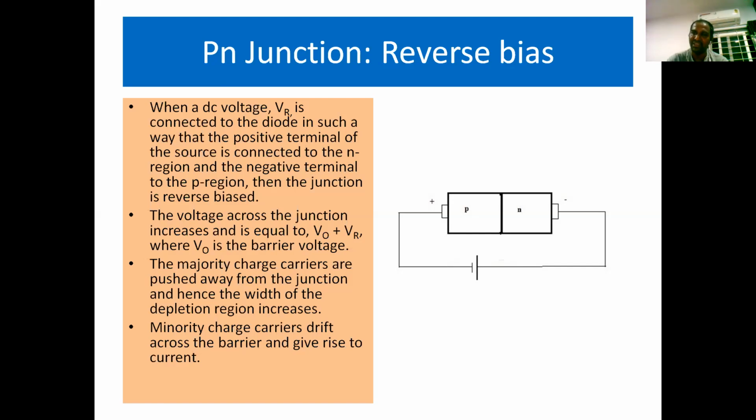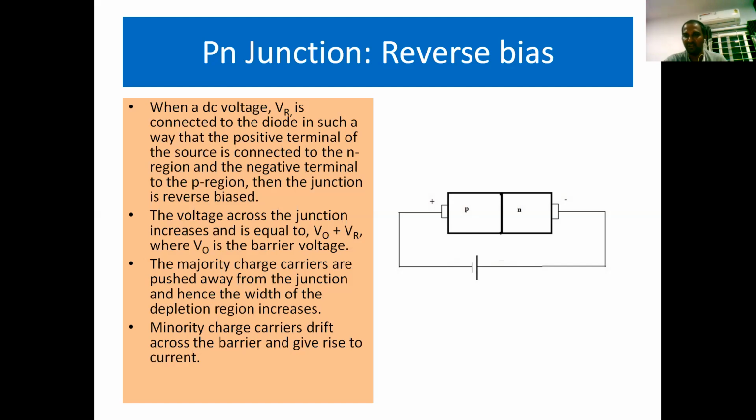That means it has dominant negative charge that is connected to the positive terminal of the battery. As a result, unlike charges attract each other, thereby electrons are moving away from the junction, towards the external source. In between the P and N, we have a junction. The opposite charge carriers are moving in opposite directions. Those are moving away from the junction. As a result, the width of the depletion region increases.